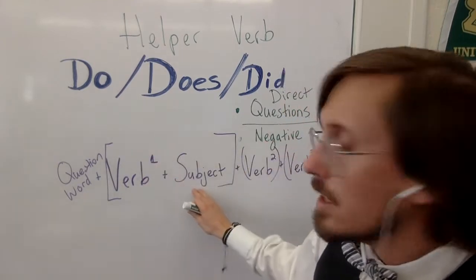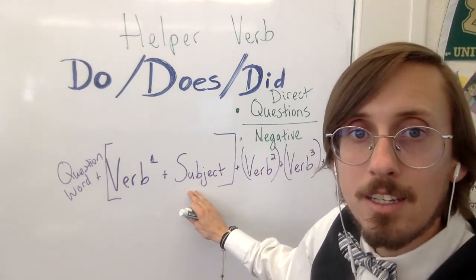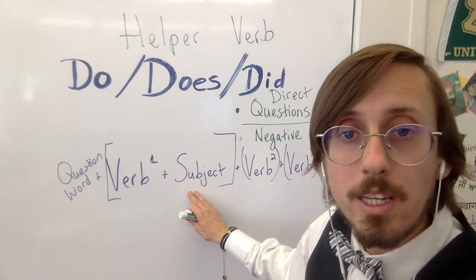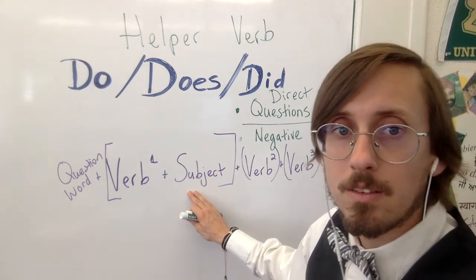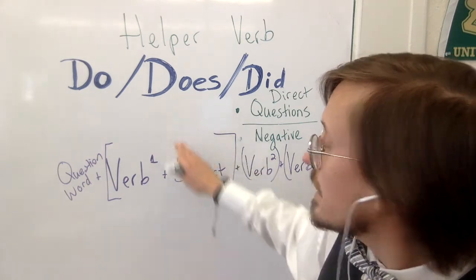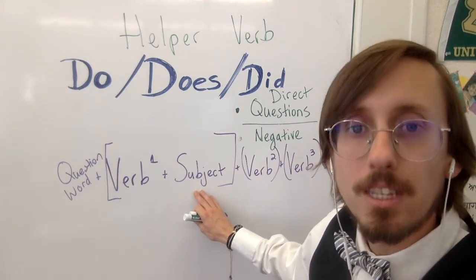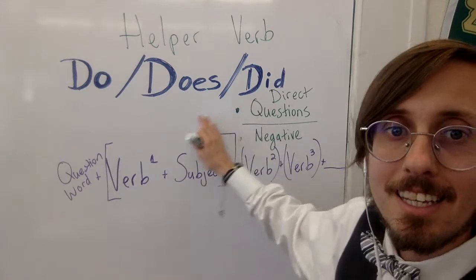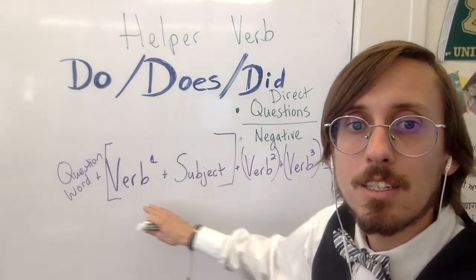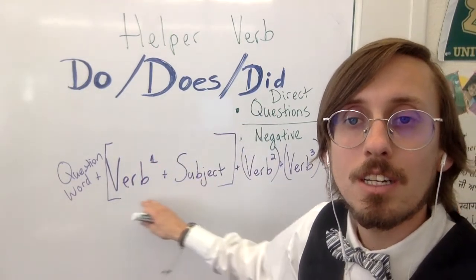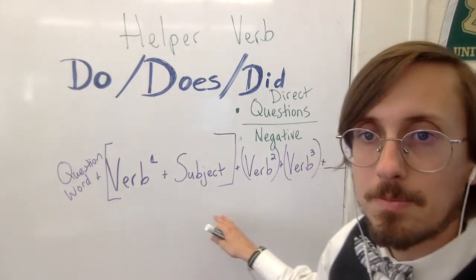Do, if the subject is I, you, we, or they. Does if the subject is he, she, or it. And did if your question is in the past. Did you, did she, did we, did they.